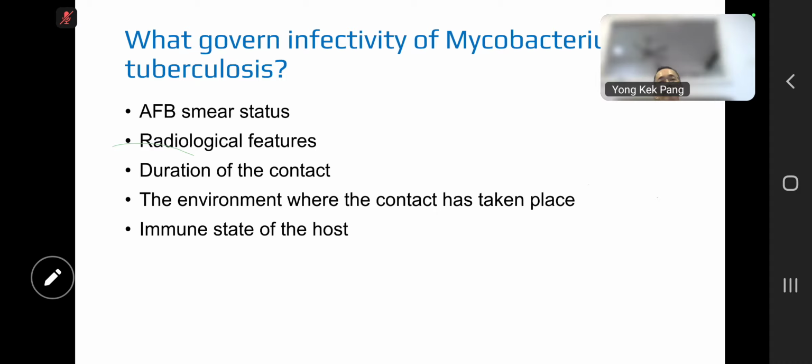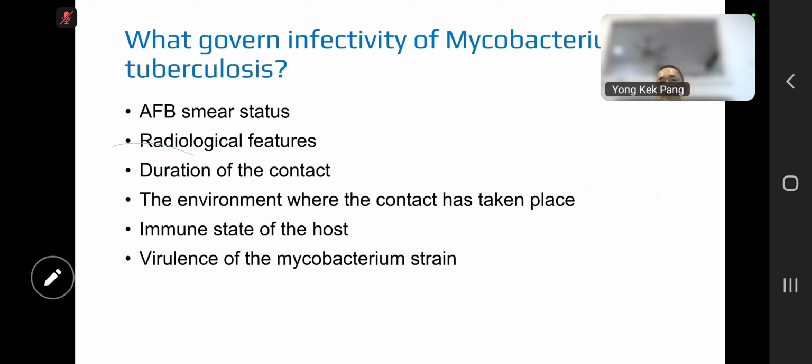And then of course, the immune state of the host. If the immunity of the host is better, although partially compromised, usually the acid-fast bacilli would not have a chance to grow into huge numbers. So it also means that if you are getting an infection from an immunocompromised host, you're much more likely to be infected.